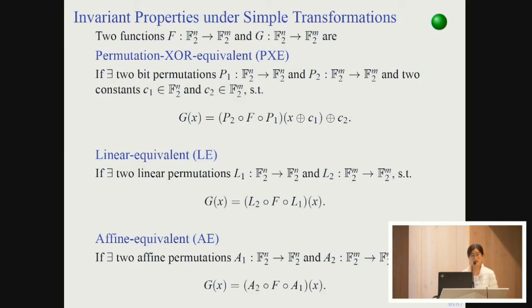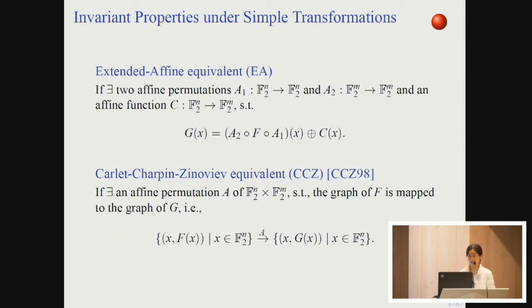So given an S-box, Pagan will evaluate the representative of its permutation-XOR equivalence class, and also the representative of its linear equivalence class, and test whether two S-boxes are affine equivalent. And if they are equivalent, it will output the affine permutations.